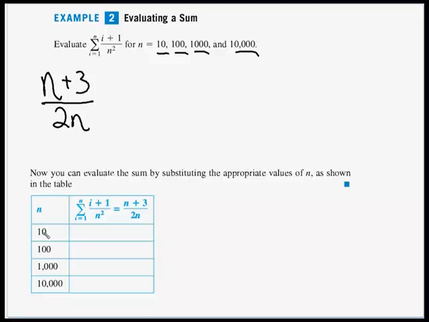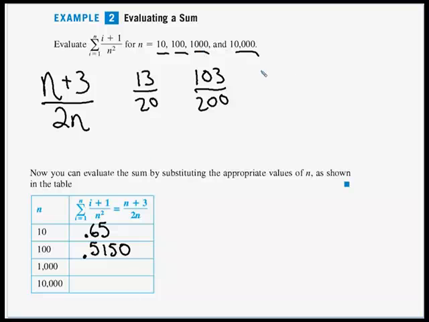If we plug 10 in for n, we're going to have 10 plus 3 is 13, 13 over 2 times 10, which is 20. If we reduce that down to a decimal, we're going to get 0.65. If we plug the 100 in, we're going to have 100 plus 3, or 103, over 200. As a decimal, that's 0.515.